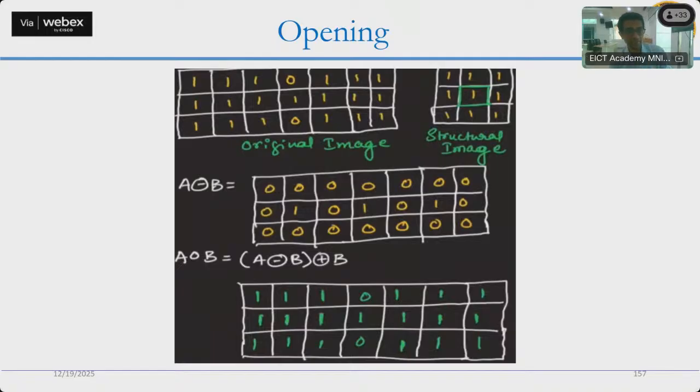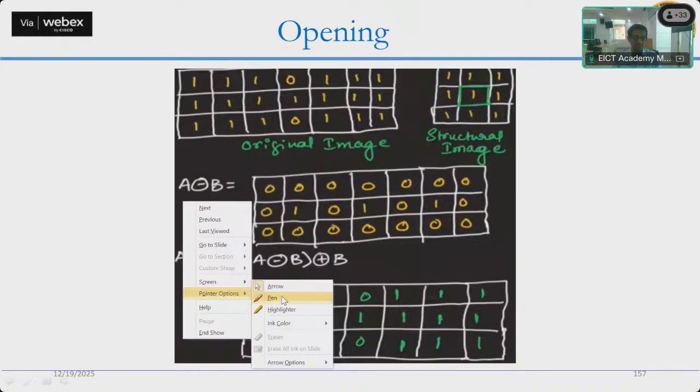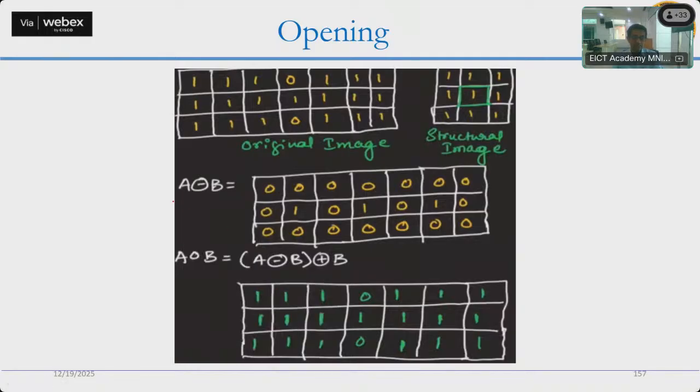What you can see here is that this is the original image, this is the structural image. So what is the sign of this minus? The sign is basically subtracting, which is removing things.